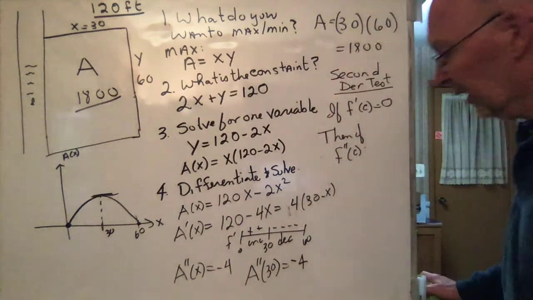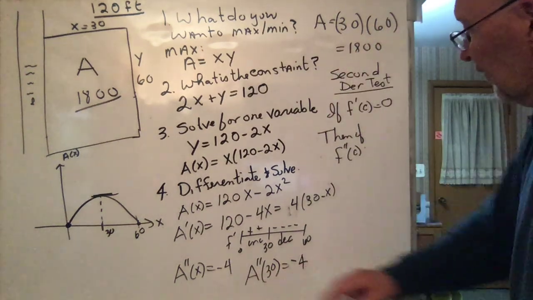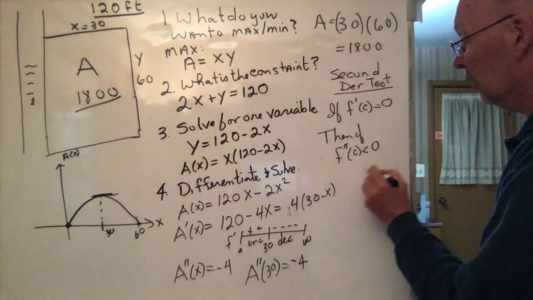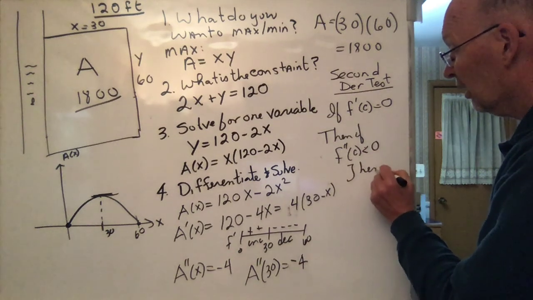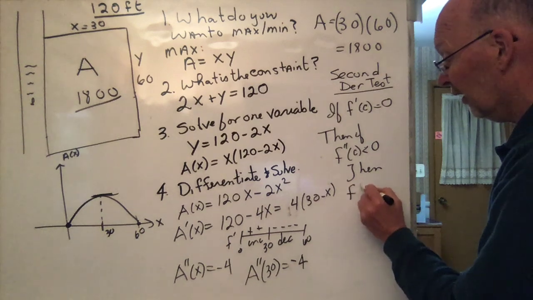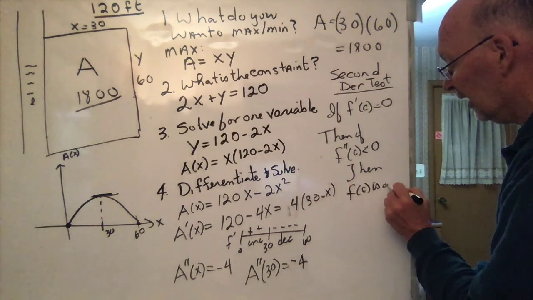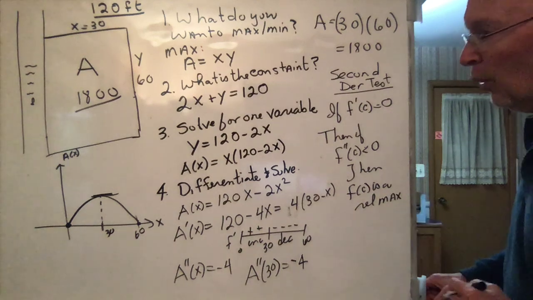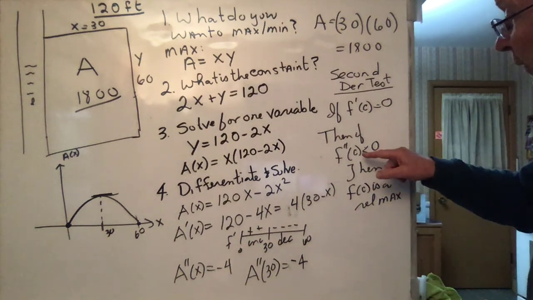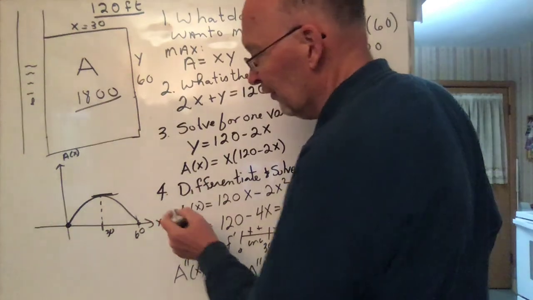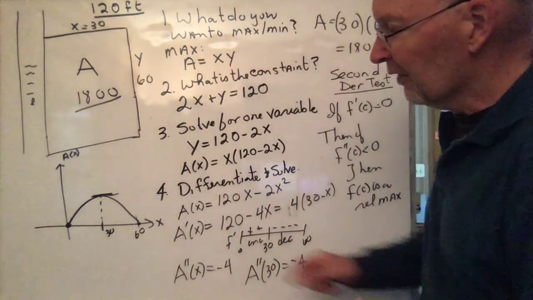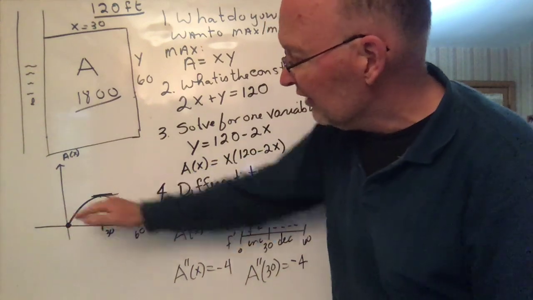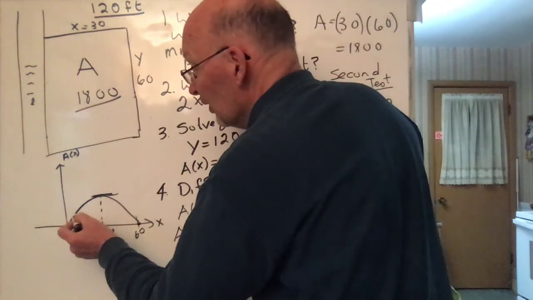-4. Okay? So if the second derivative is less than 0, then f of c is a relative max. Why is that? If the second derivative is less than 0, what does that mean the first derivative is doing? That means the first derivative is decreasing.